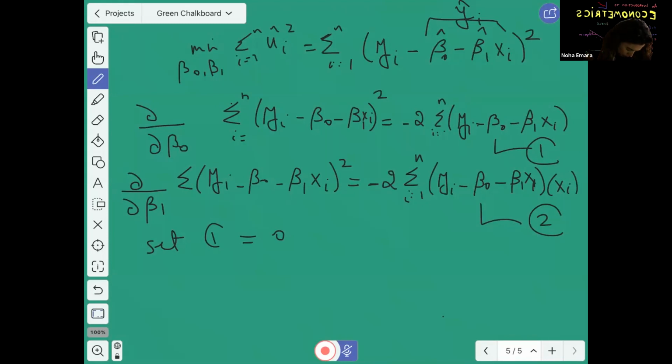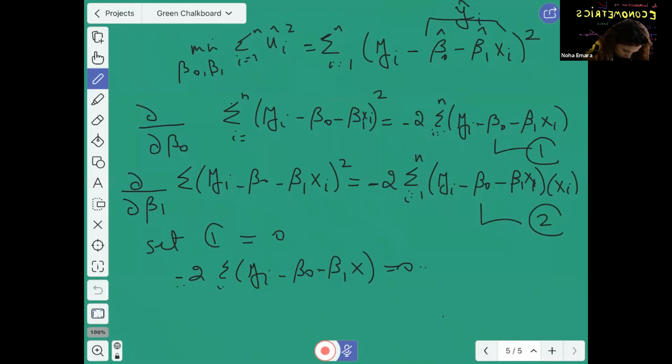It's going to be minus 2 times the sum from i equals 1 to n of y_i minus beta naught minus beta 1 x, equal to 0. And negative 2 times 0 is just gone, like any constant multiplying 0.